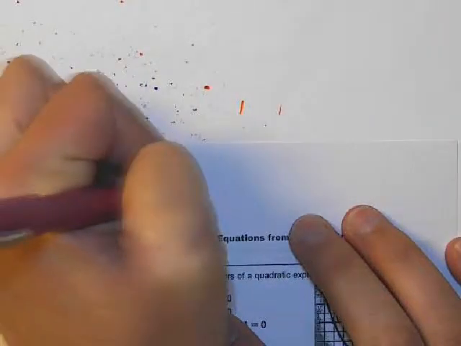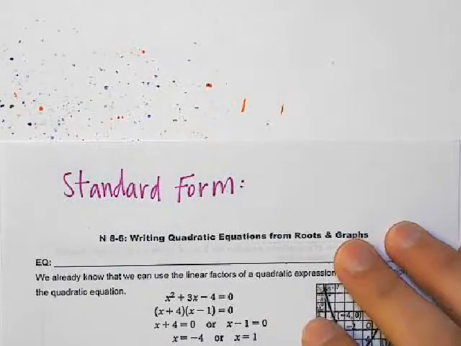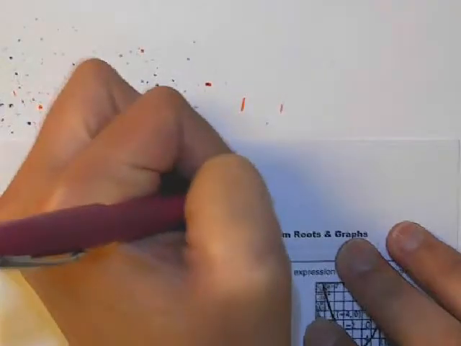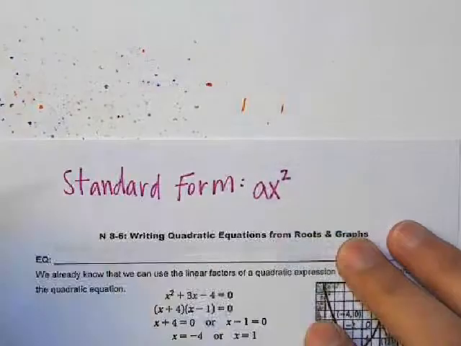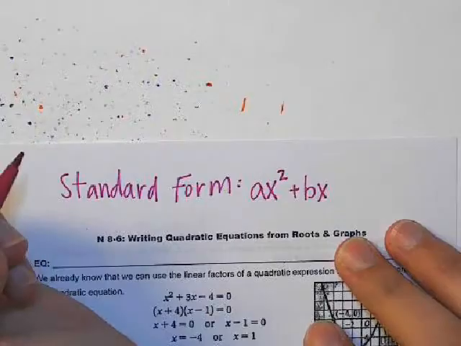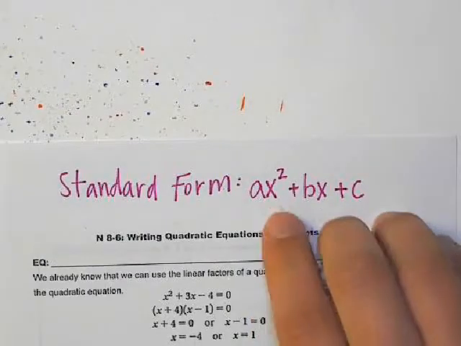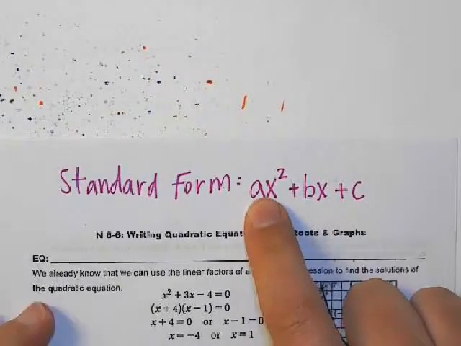Standard form for a quadratic equation is ax squared plus bx plus c. Okay, so now my answer has to be in this form.